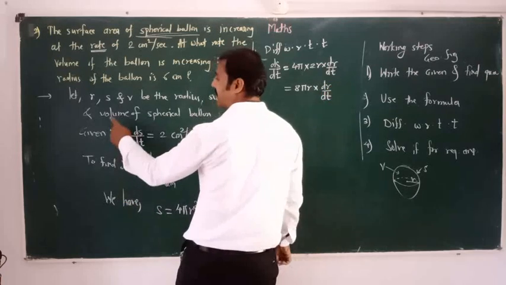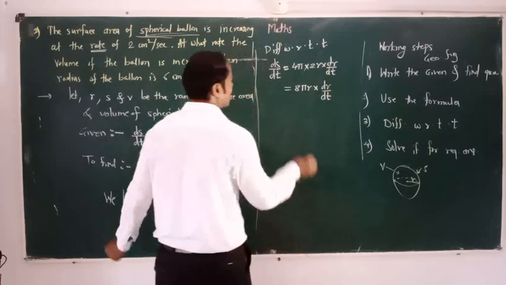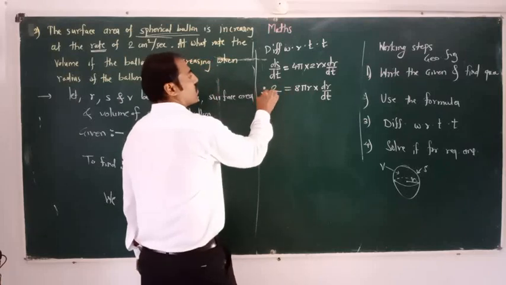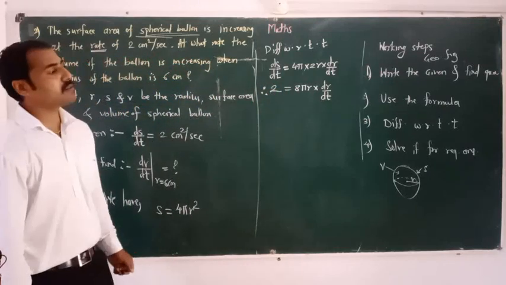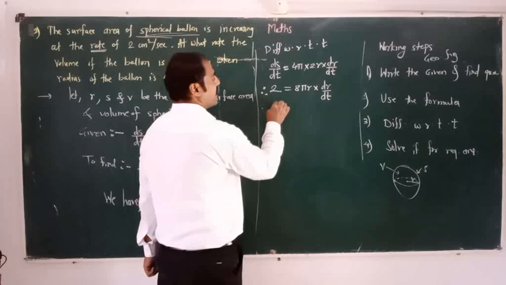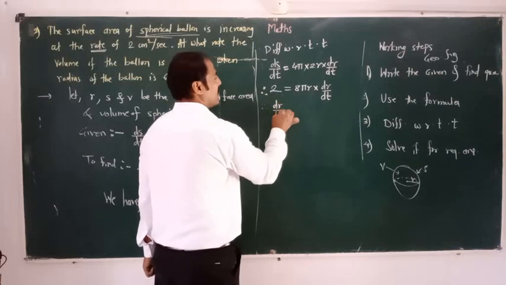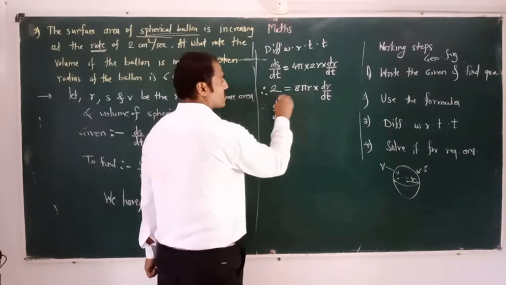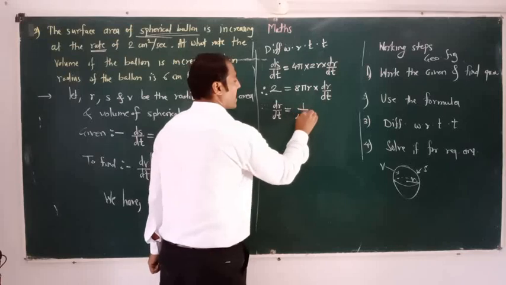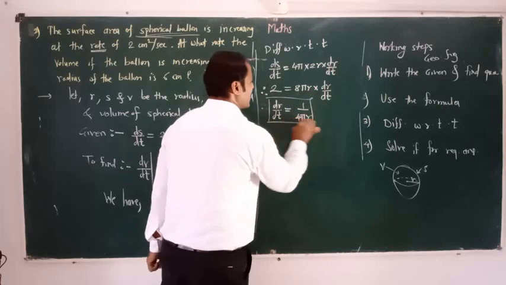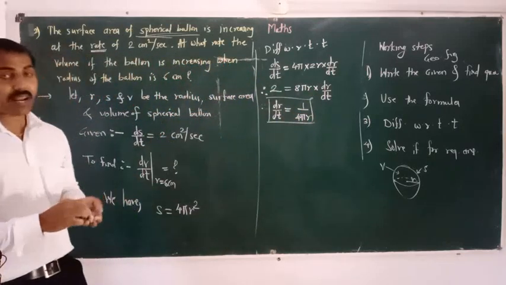But it is given that dS/dt is equal to 2. So therefore 2 is equal to 8 pi r into dr/dt. I can find here dr/dt: 2 by 8 is 1 upon 4 pi r, which is a relation for the rate of change of radius.